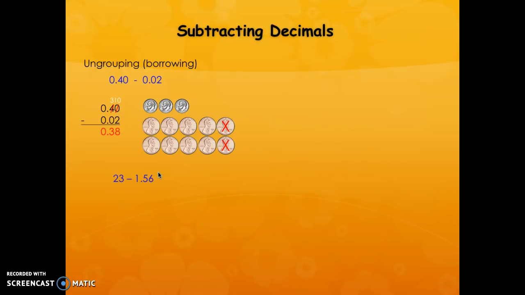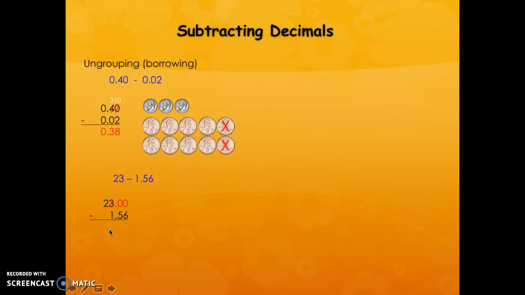Let's look at another one. 23 minus 1 and 56 hundredths. If it were money, it'd be $23 minus $1.56. Again, you can add your decimal and your zeros. It still is 23. We haven't changed the value, so we're going to need to borrow. This time, I know that I can't borrow from 0, so I need to go over to the 3.